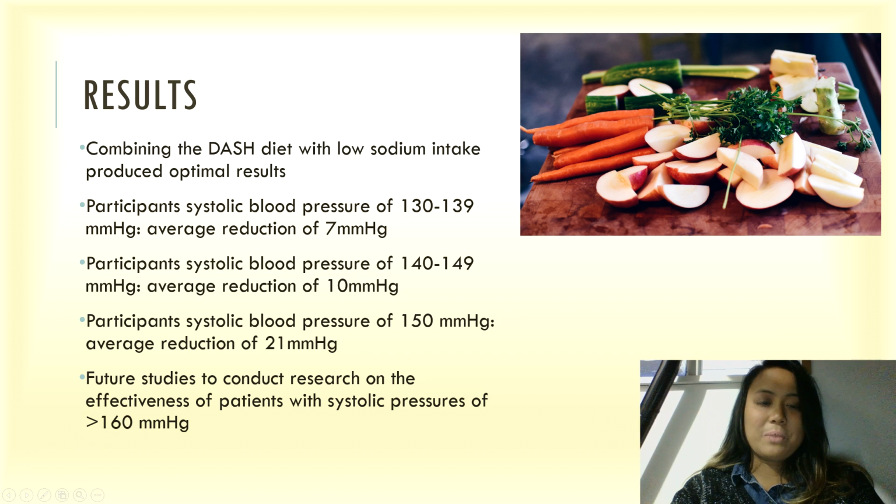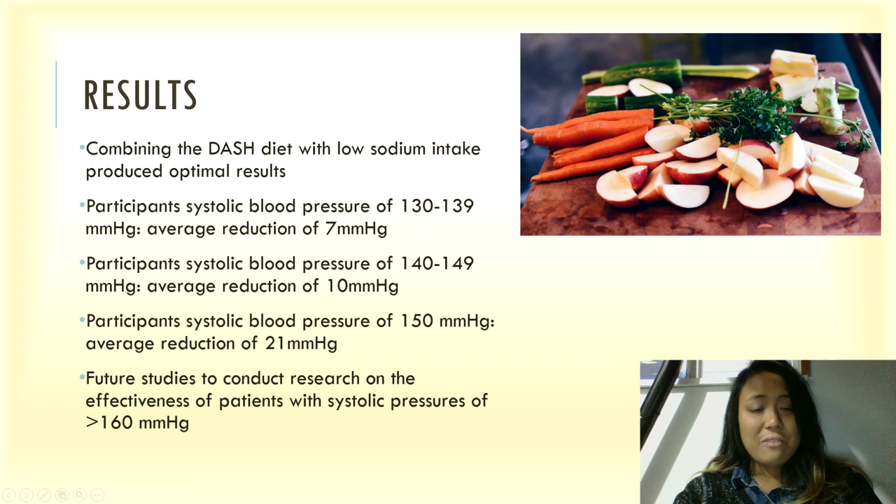Participants with a systolic blood pressure of 140 to 149 had an average reduction of 10. But the most surprising and probably the most exciting results out of the experiment was from the last group, which had a systolic blood pressure initially of 150. They had an average reduction of 21 millimeters of mercury to their blood pressures.